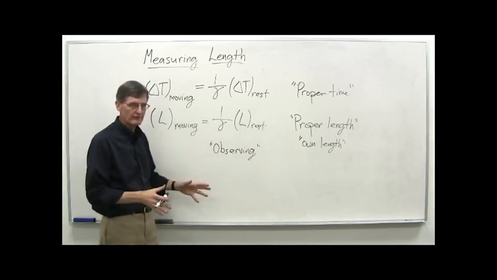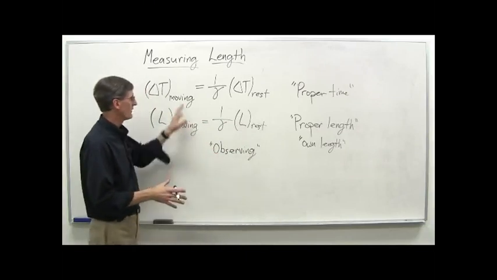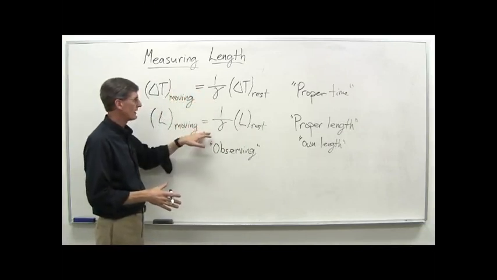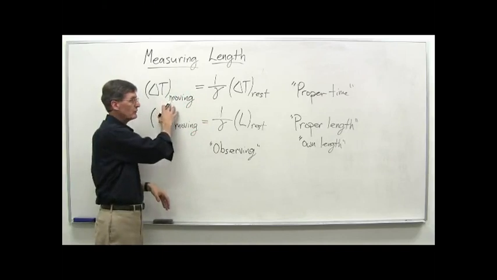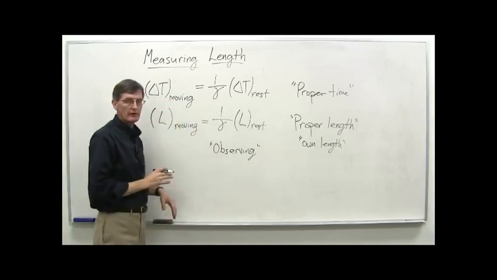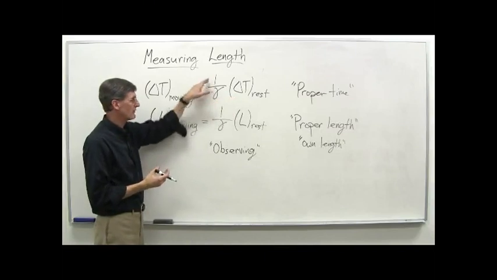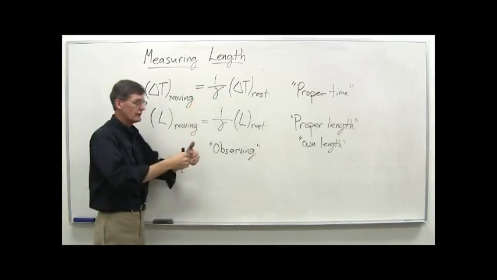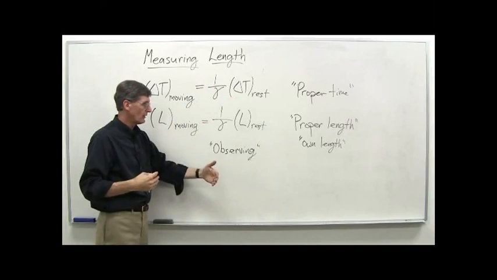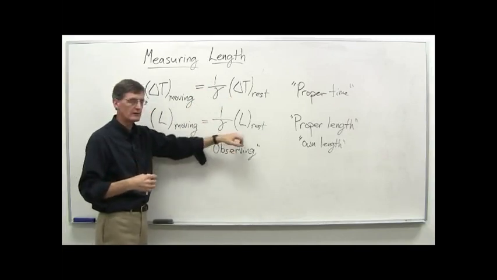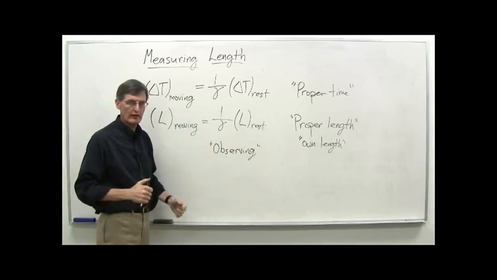But for now, we just have to focus on what we've got so far, our two big equations, time dilation and length contraction. Again, elapsed time on a moving clock will be less than the elapsed time on an identical clock at rest by this 1 over gamma factor. And the measurement of a length will be less if you measure it while it's moving by the 1 over gamma factor, versus if you measure it when you're at rest.